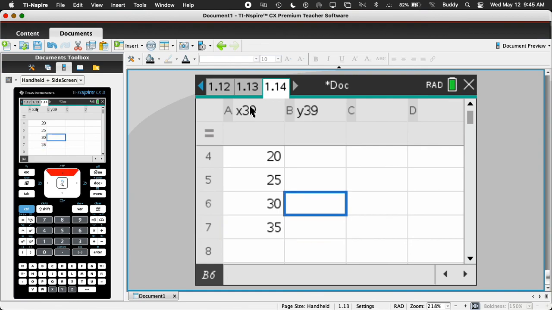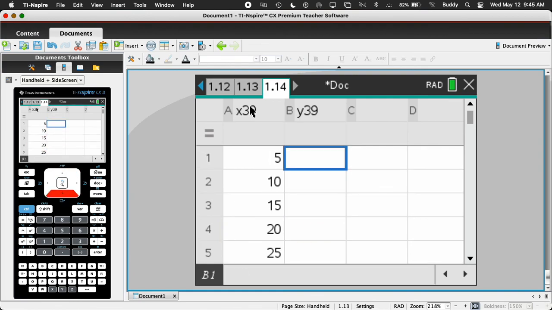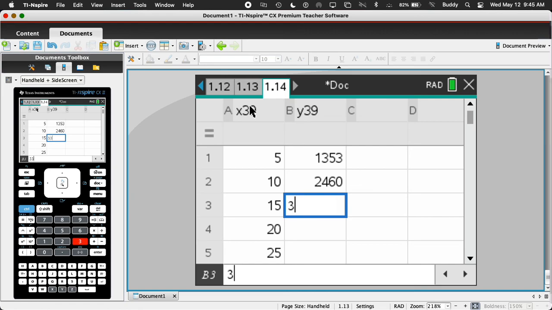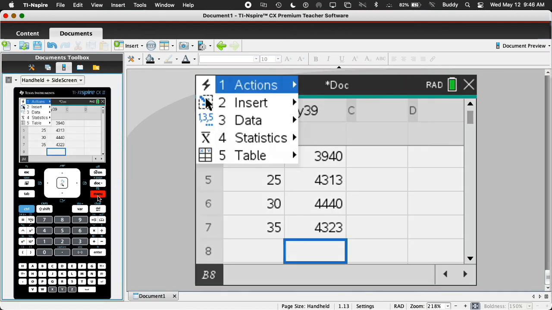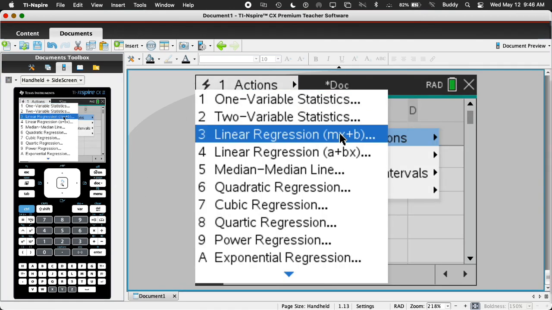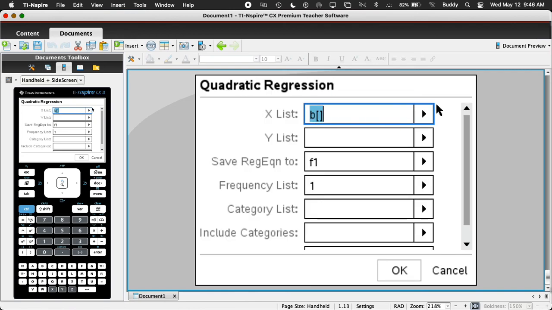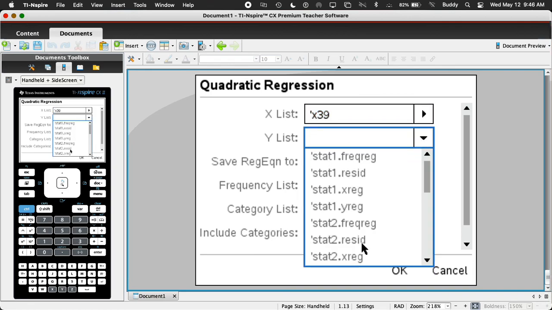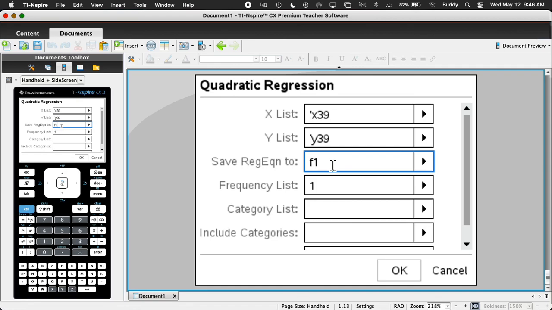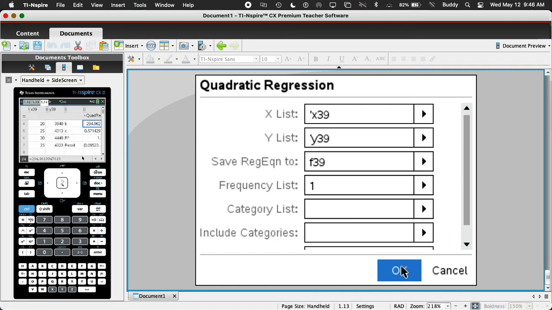I'm going to type in all of those values. Okay, so now I have them all in. Let's go ahead and run that quadratic regression. I'll go ahead and change the name of my function.